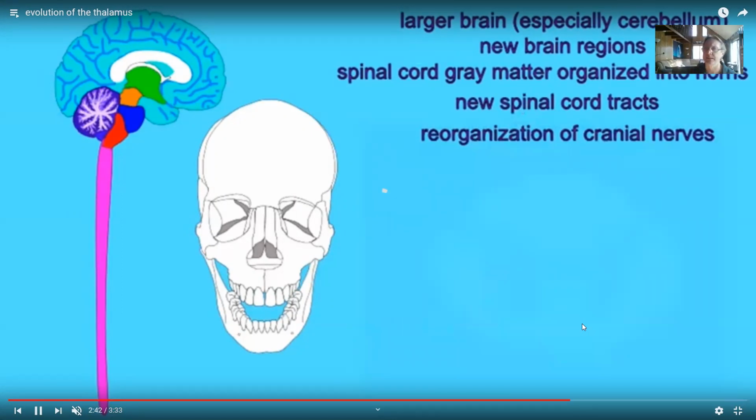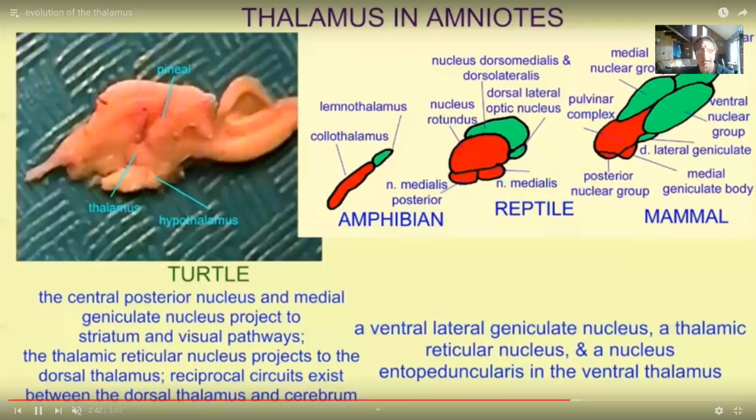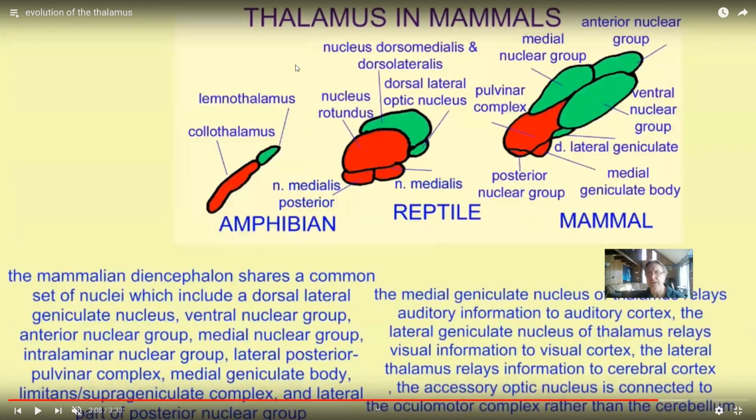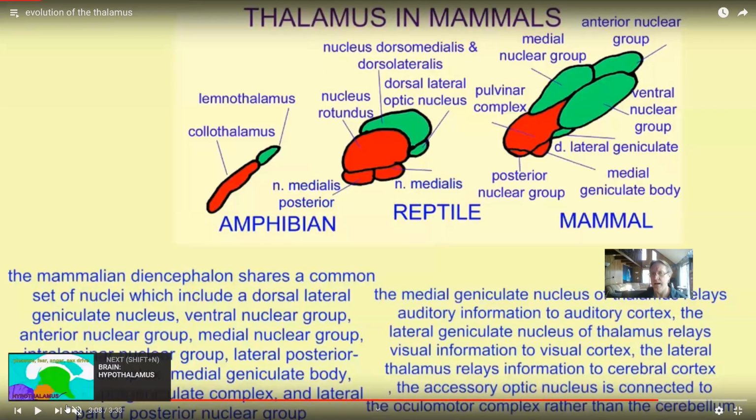As you look at the subdivisions of the thalamic nuclei, notice that amniotes have a lot more features of the thalamus that they share among themselves, reptiles, birds, and mammals, that amphibians lack. And then when you go to the mammals, so many more. And so the thalamus in early mammals changed in a number of ways, which is retained in lots of mammals today. So that's the thalamus.